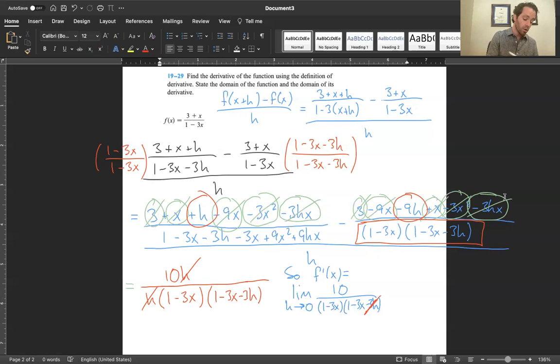This goes to 0, but everything else is left alone. So it's going to be 10 over, and as a little bonus, this and this are actually going to end up being the same. So we don't even have to write two factors on the bottom. We can write 10 over 1 minus 3x squared. And that right there is a nice big juicy derivative. Cool, huh?